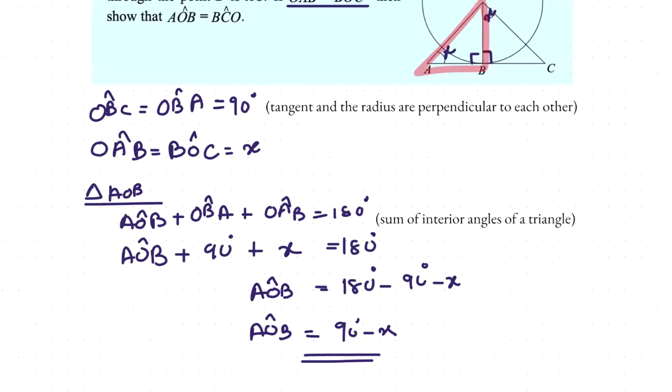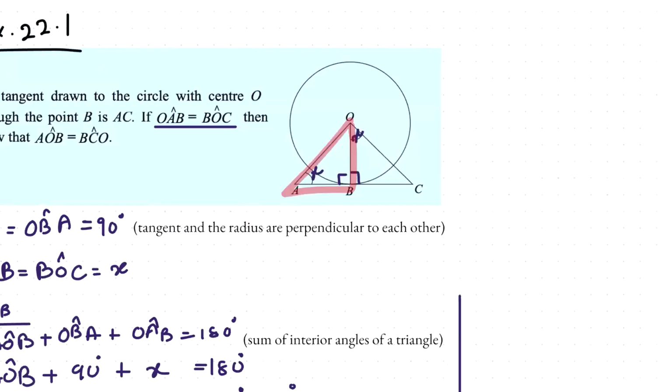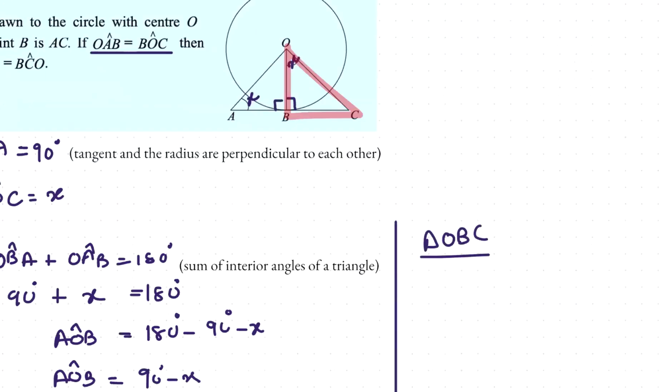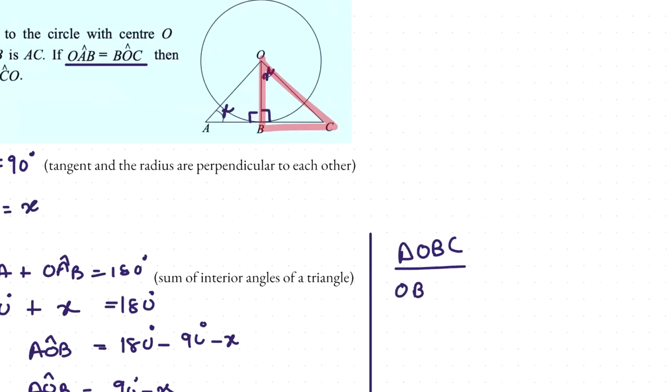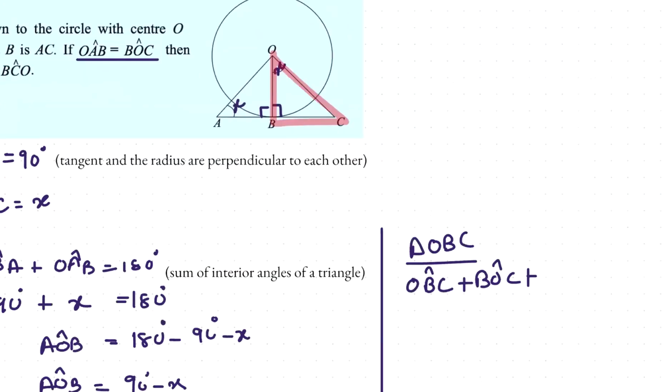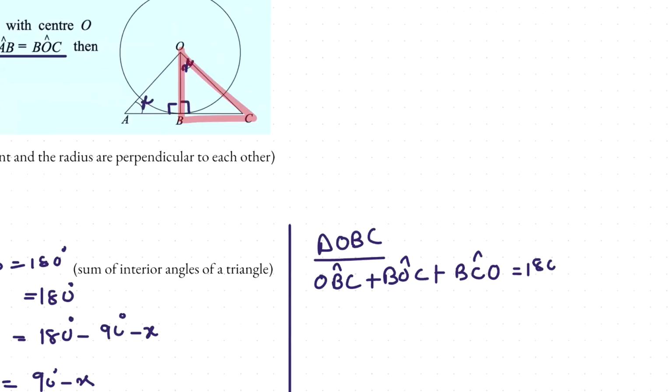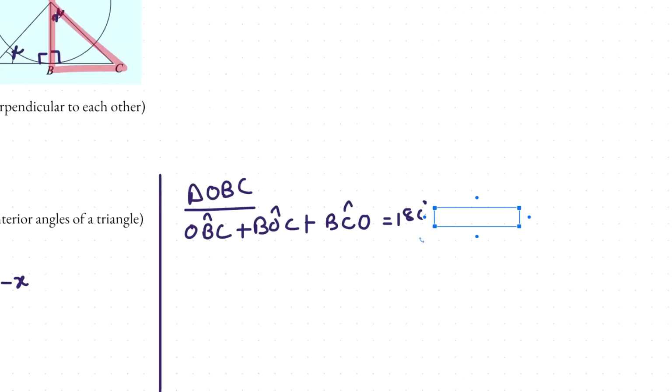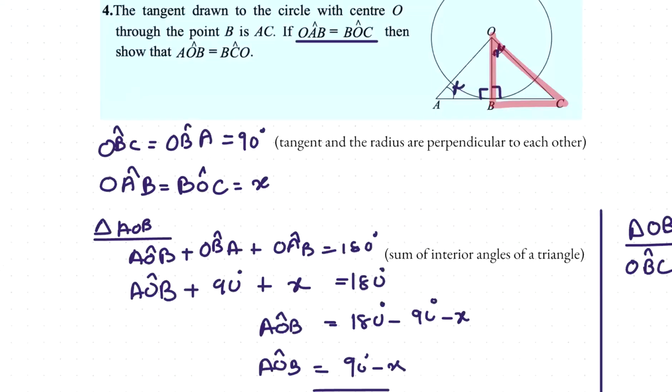Then let's go to the other triangle, OBC. OBC plus BOC plus BCO equals 180, again because of the sum of interior angles of a triangle.